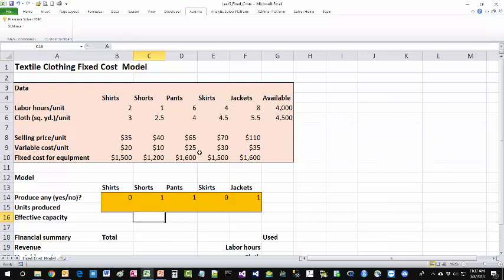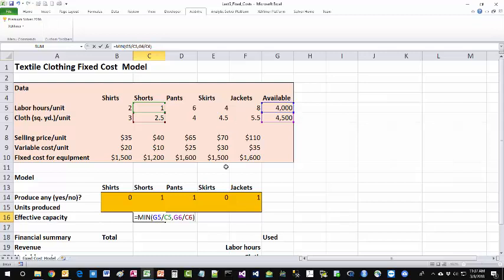But that's not the only thing. In addition to the 1,800 shorts, we have to consider the labor, which is 4,000 hours divided by 1 hour per pair of shorts, which is 4,000. Obviously, the minimum of the two is 1,800. And that's literally the formula. It is the minimum of G5 divided by C5, which is the number of units based on labor availability, comma, G6 divided by C6, which is the number of units based on the raw material availability.